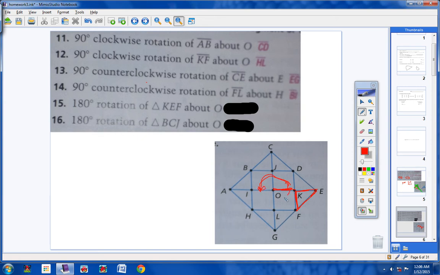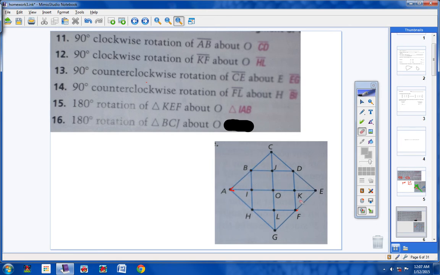So 180 degrees doesn't matter, okay? But we're going to rotate this triangle right here 180 degrees about O. So it's going to swing and it's going to hit KE right here. KE is going to swing around and hit right here. And the triangle will be like this. So it's triangle ABI or AIB or BAI or BIA or IBA or IAB. But either way, it would be this red triangle right here.